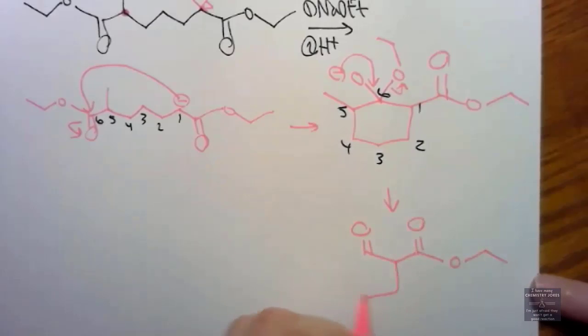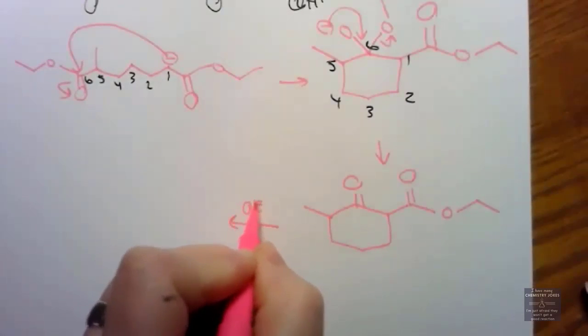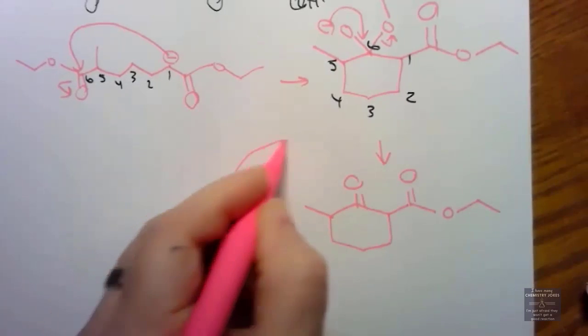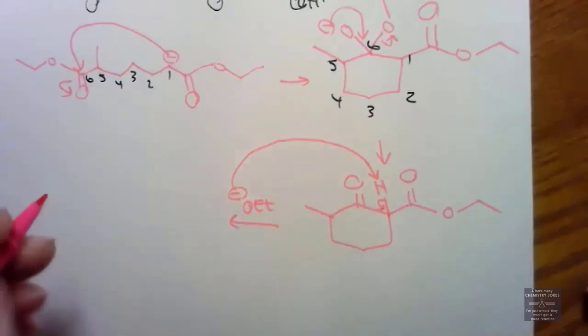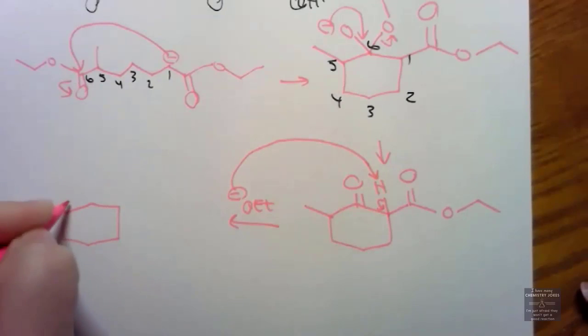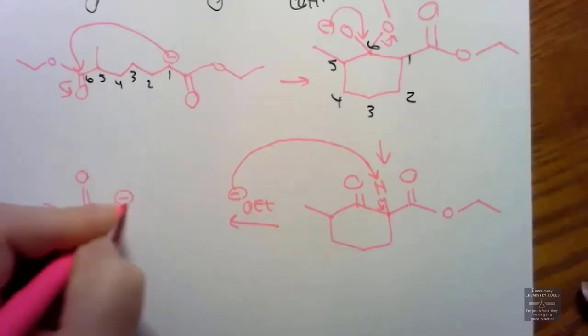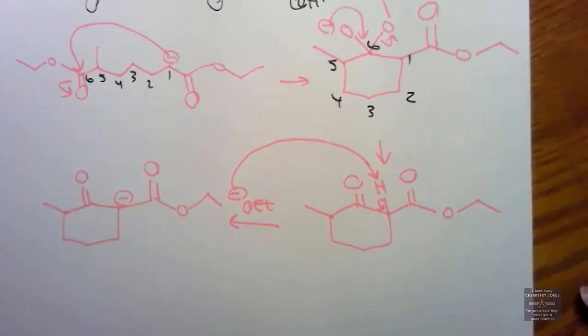So many students think they are done at this point, and I say, no, not yet. The base plucks an alpha hydrogen. Which alpha hydrogen? The one from betwixt the 2 carbonyl carbons. Because that one is way more acidic than the alpha hydrogen over here.